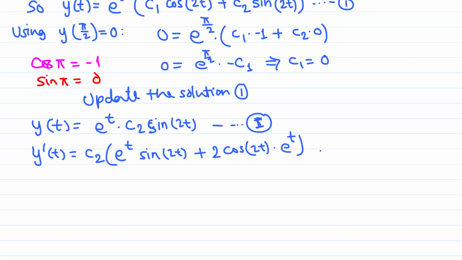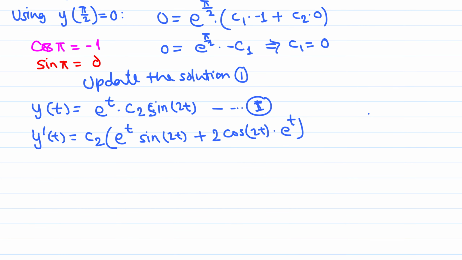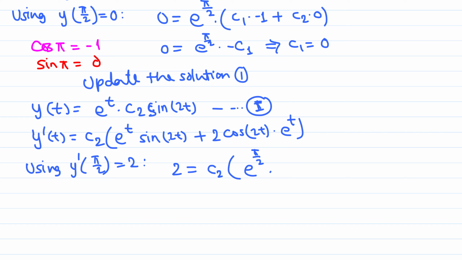Now we apply y prime at pi over 2 equals 2. So y prime is 2 when t is pi over 2, so that's c2 e raised to pi over 2 times sine 2 times pi over 2, sine pi, which is 0, plus 2 times cosine pi, that's negative 1, times e raised to pi over 2.